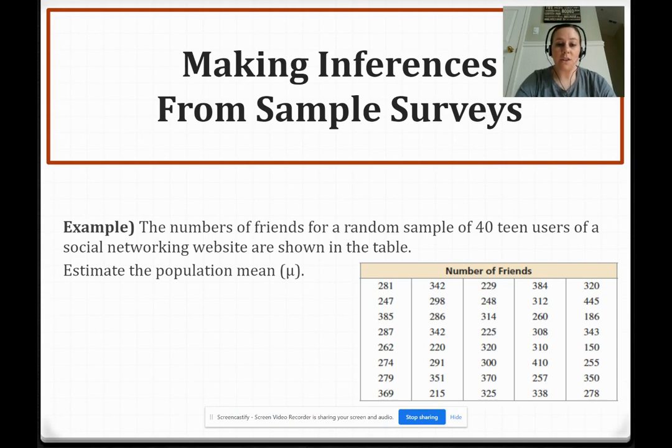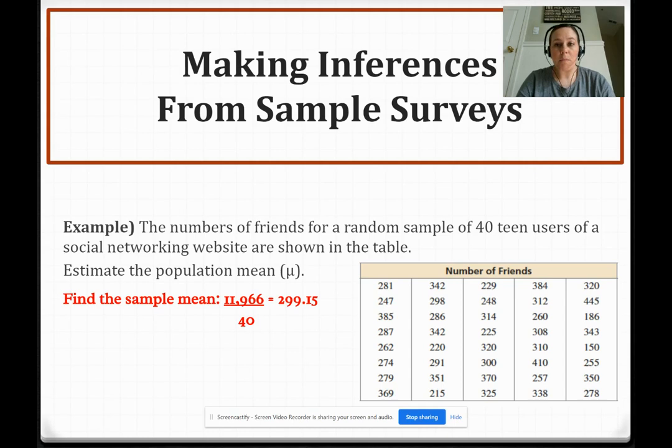So what we can do is find the sample mean instead of the population mean. I can take the sample of 40 teens, add up the total number of friends that they have, and divide by 40. That's how you find an average. And when I do that, I get an average of 299.15.